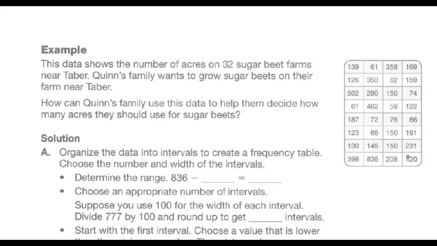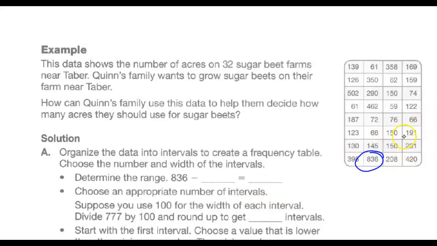So organize the data into intervals to create a frequency table. Choose the number and width of the intervals. So basically you want to look here. We're going to group this in intervals. So you want to know your highest data value, which we've already given to you, 836, and then look for the lowest. You want the range.